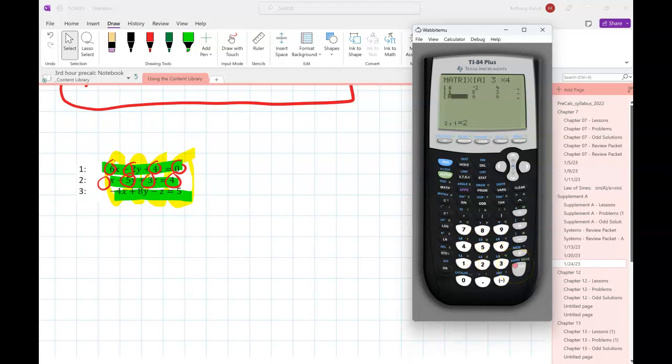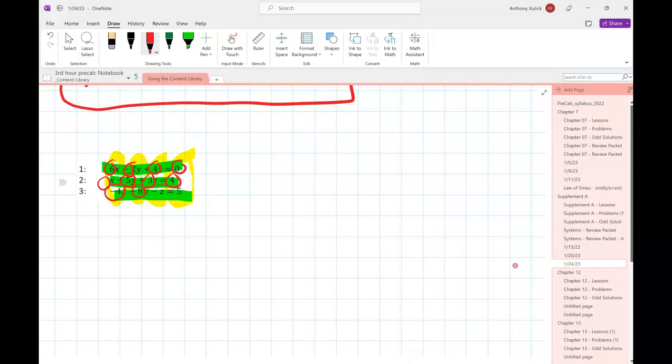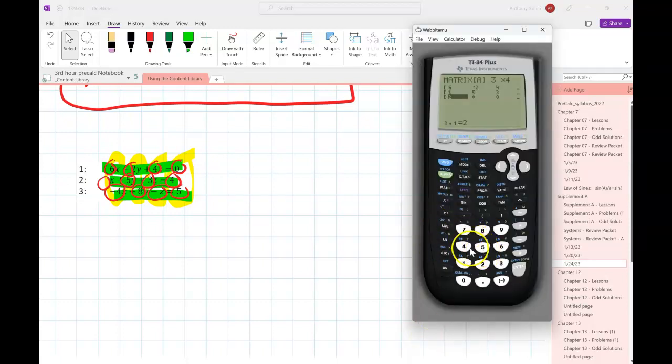And then we'll do the same thing down here. So I have -4, 8, -1, 5.